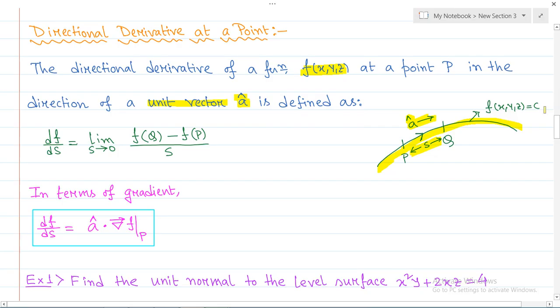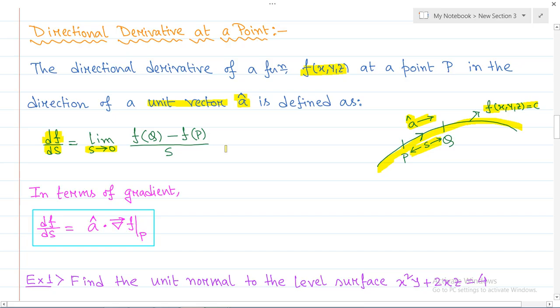Now if we want to differentiate this function f of x, y, z equals c towards the direction of this unit vector a cap, this can be defined by df/ds. That is the difference between the functional values at the two neighboring points divided by the arc length, and we have to take the limit as s tends to 0.